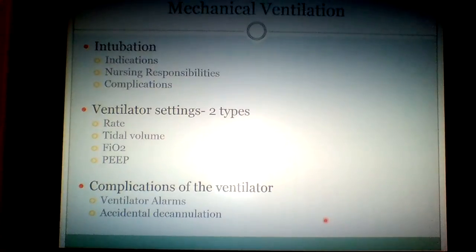And then complications of the ventilator. Let's talk about the ventilator alarms, because this is what we test at the ADN, BSN, RN level. You definitely need to know. Your ventilator alarm is going to ring either a high or a low alarm. If it is a high pressure alarm, that means the pressure within the system, the lungs and the ventilator, so anywhere along that line, there is high pressure.